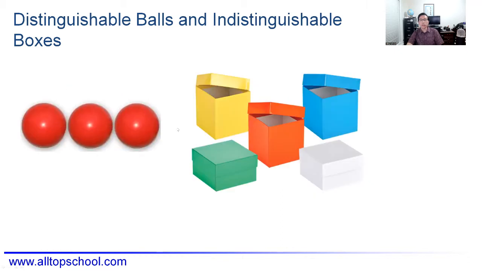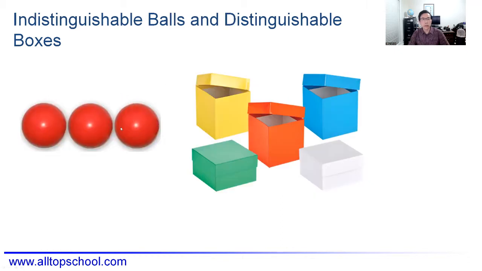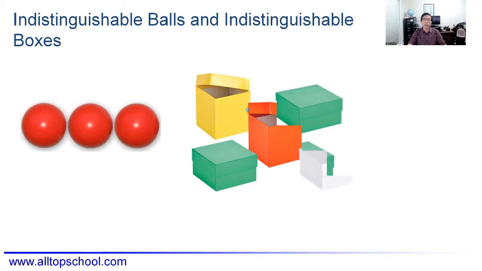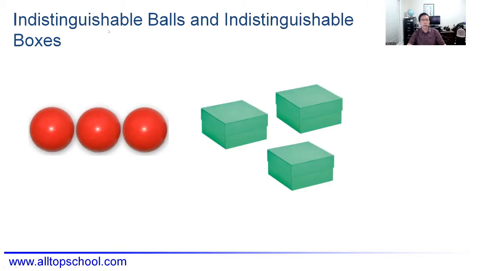Type 3 is indistinguishable balls put into distinguishable boxes. The last type is indistinguishable balls put into indistinguishable boxes. The balls are all the same. No matter where you put them, for example 1, 1, 1, that will be the same thing.